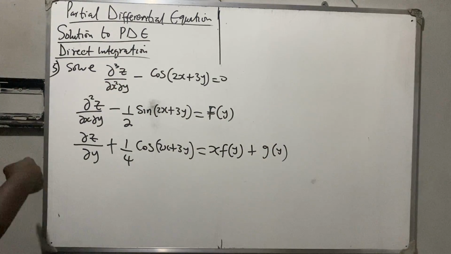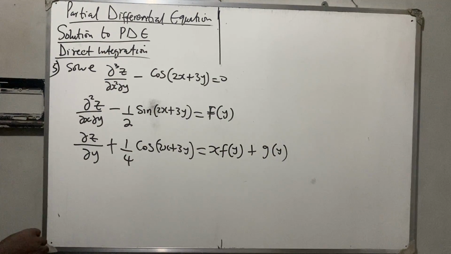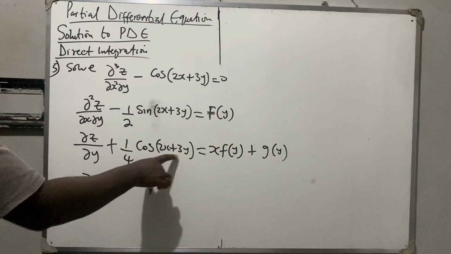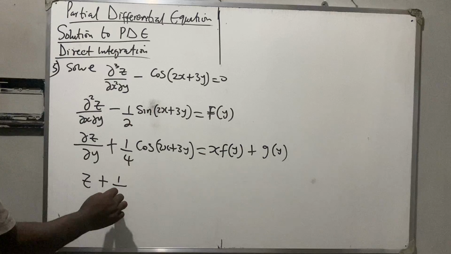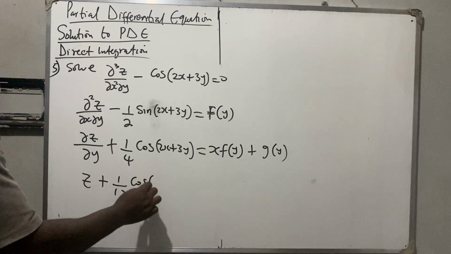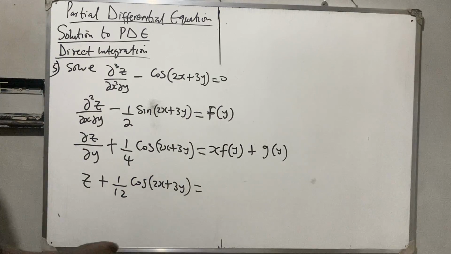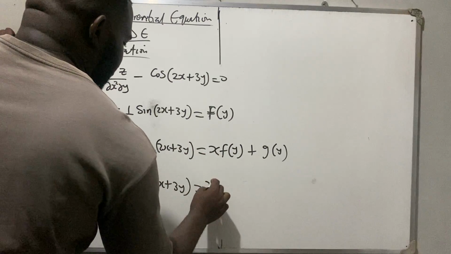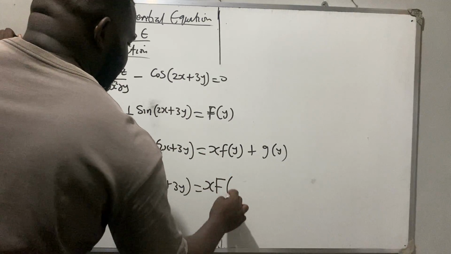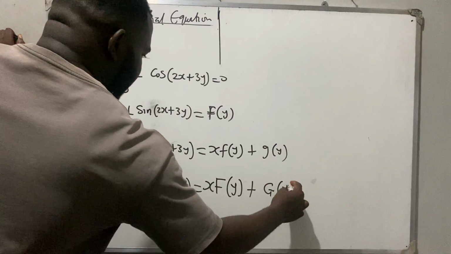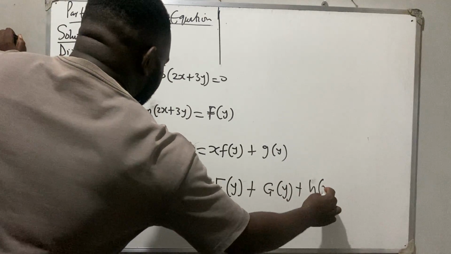Finally, integrate with respect to y to have z here plus, bringing 3 outside, 1 over 12 cos(2x plus 3y), is equal to, with respect to y, x times capital letter Y like this, plus capital letter Y again, then plus a function of x.